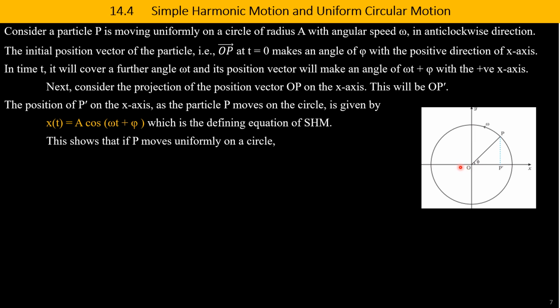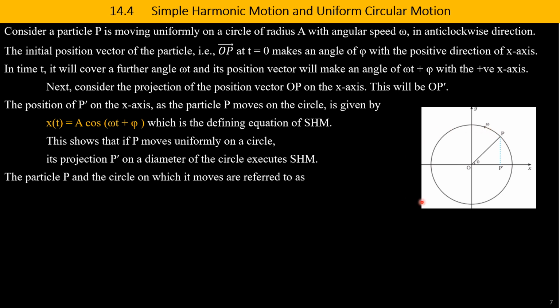This shows that if P moves uniformly on the circle, its projection P dash on the diameter of the circle executes a simple harmonic motion.